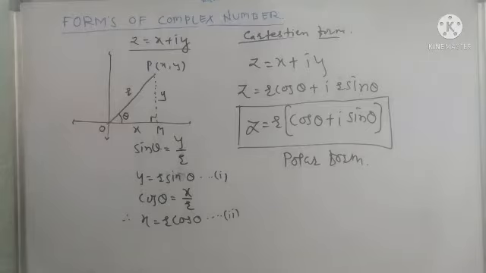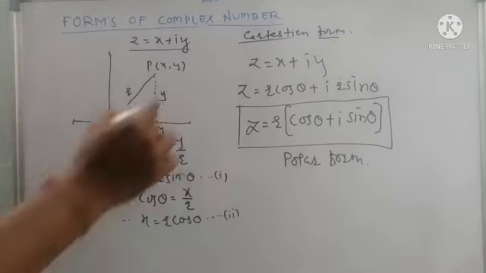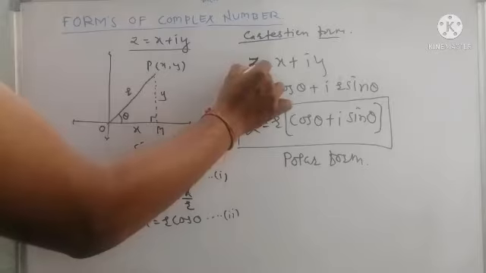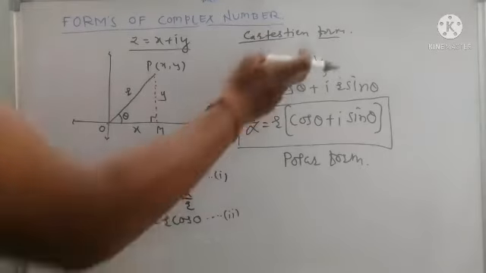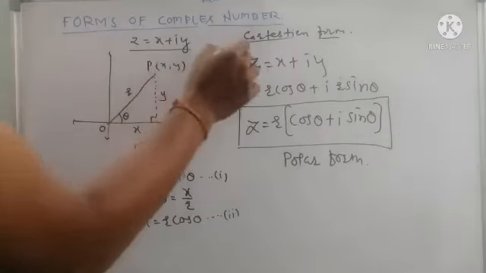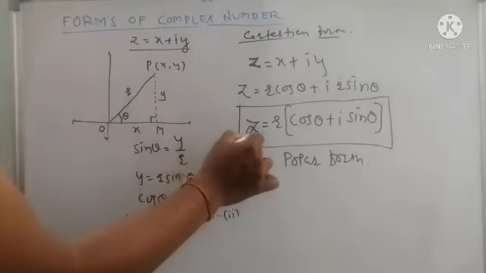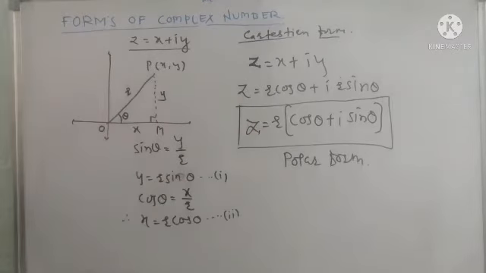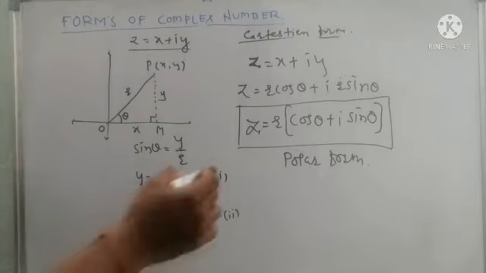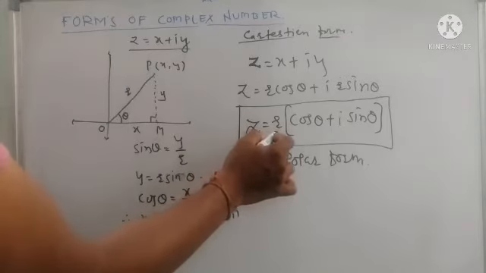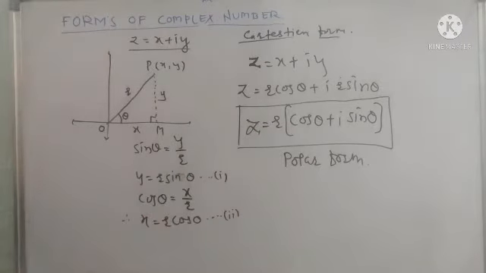So we have two forms of a given complex number z. If z is equal to x plus iy, then it is called the Cartesian form, and the same complex number z can be written in terms of r and theta, that is modulus and argument of the complex number, which is z is equal to r into bracket cos theta plus i sin theta.